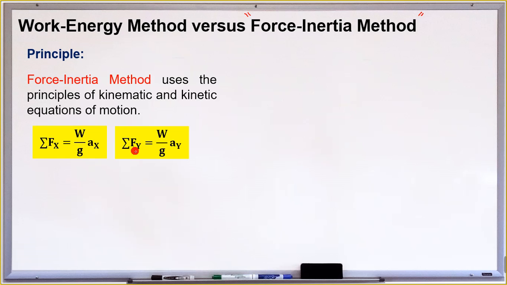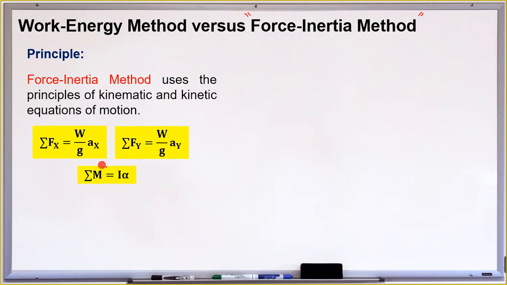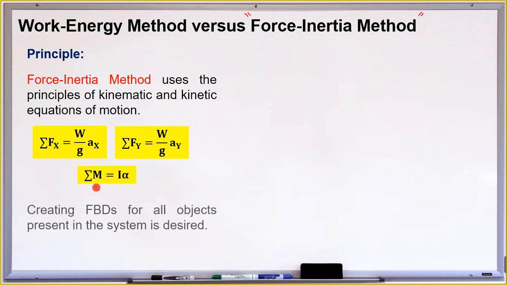We also have the summation of moments along the center of rotation, or the center of gravity. It depends on whether it is the centroidal moment at the center of gravity: mass moment of inertia times alpha. These are the formulas used for force inertia.